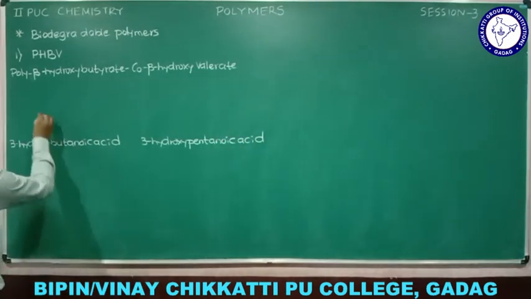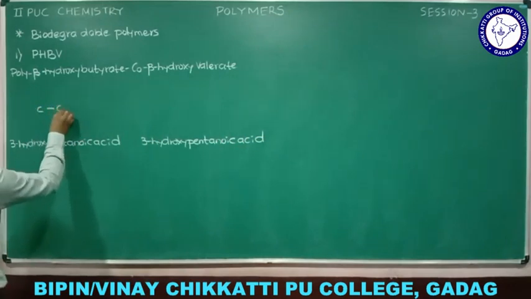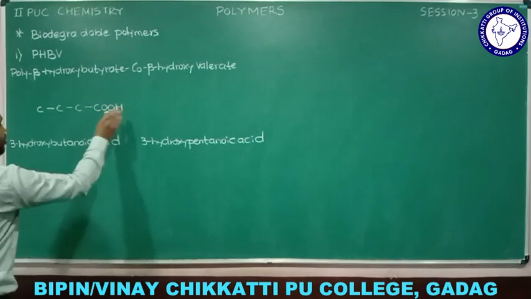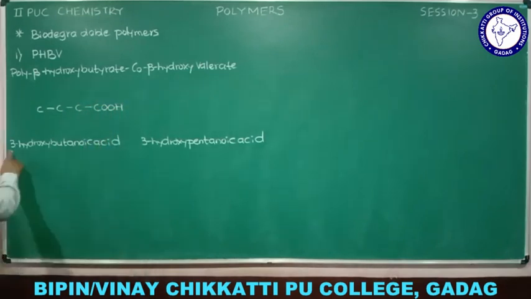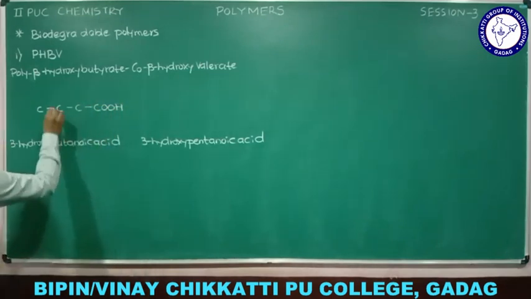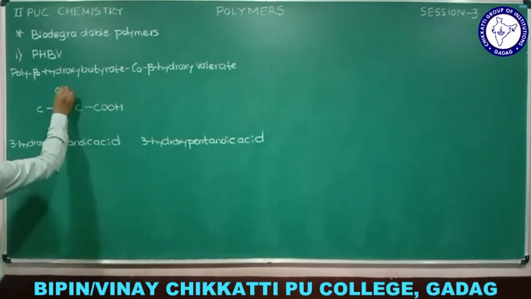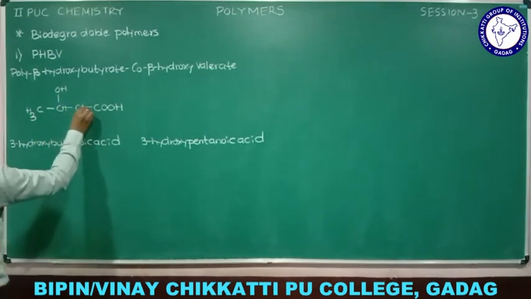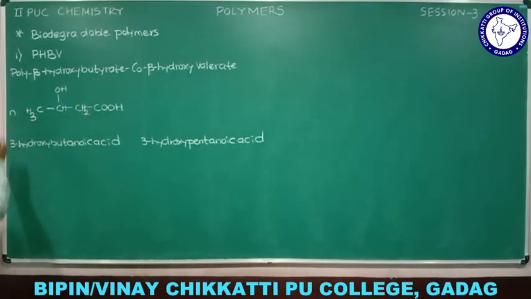Butanoic acid, we have 4 carbons, and butanoic acid COOH, okay, and 3-hydroxy: 1 2 3, on carbon number 3 we have the OH group, hydroxy, and we'll balance with the hydrogens, CH3. Here we get H and here we get H2. So that will be 3-hydroxy butanoic acid.